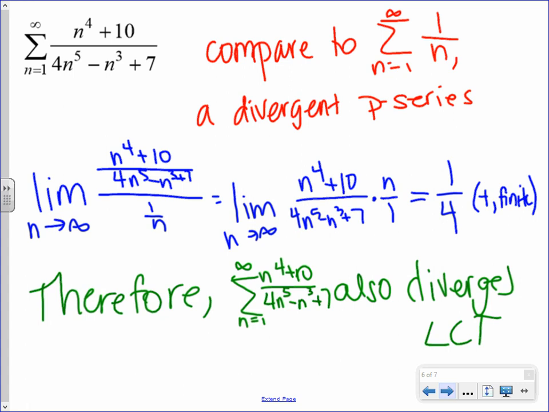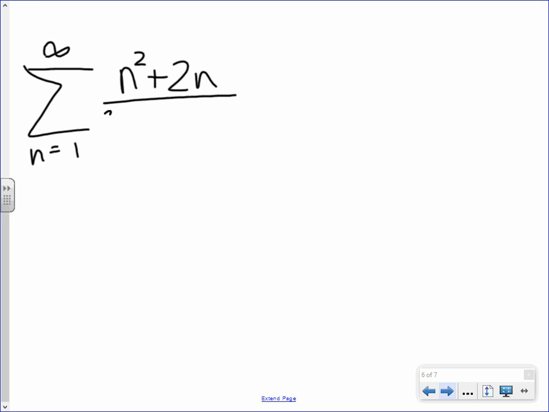Now I don't want to go all the way through this one, but what if you had something like this? Pay attention, focus. Is it a 7? That's a 7. Since it is a rational expression, it makes a good candidate for a comparison test. Not a direct comparison, it's too complicated.